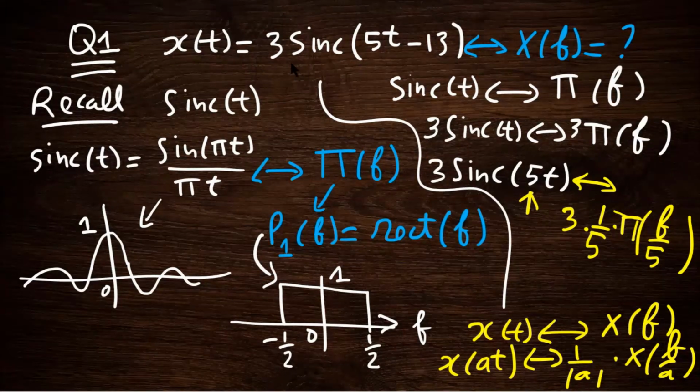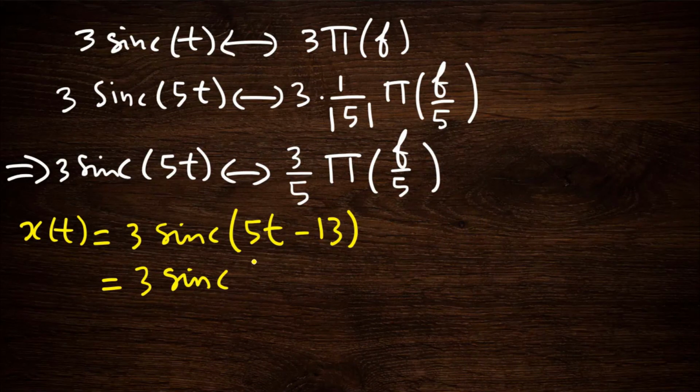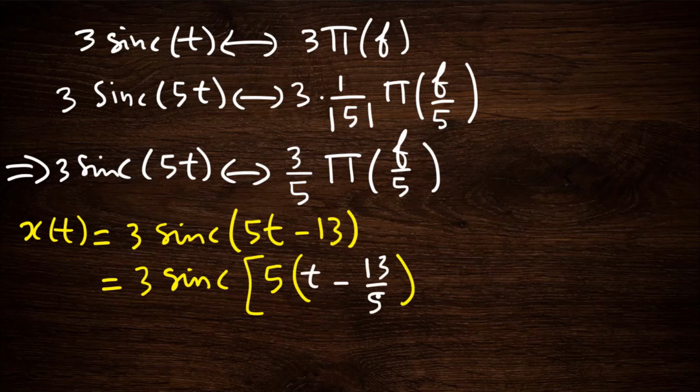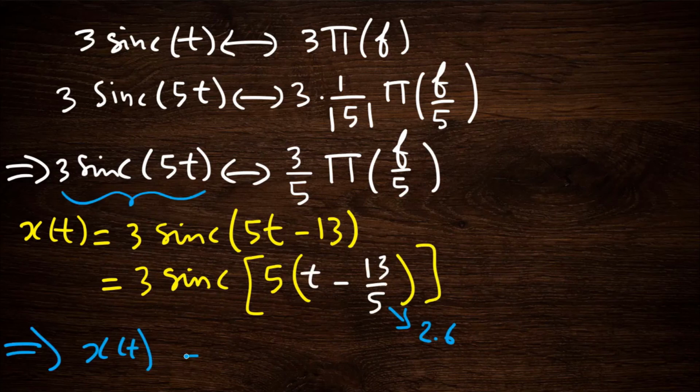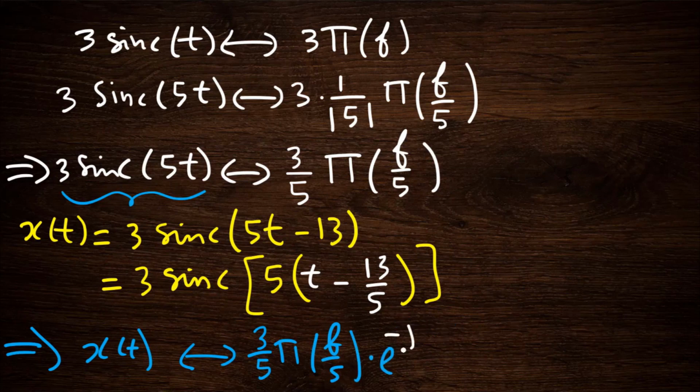But the signal x of t is 3 sinc of 5t minus 13, and this can be written as 5 bracket t minus 13 over 5 close bracket. So the Fourier transform of x of t is 3 over 5 pi of f over 5, times exponential of minus j 2 pi 13 over 5.